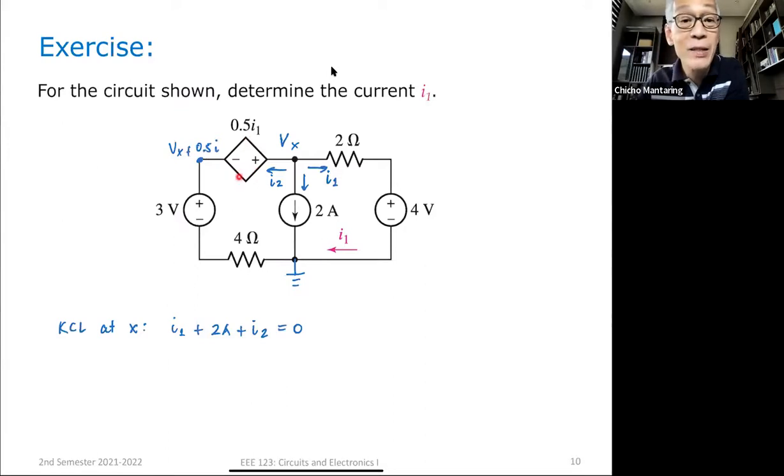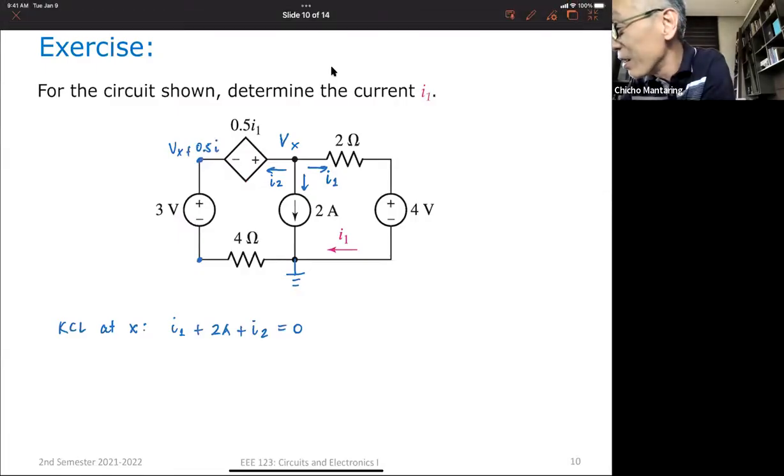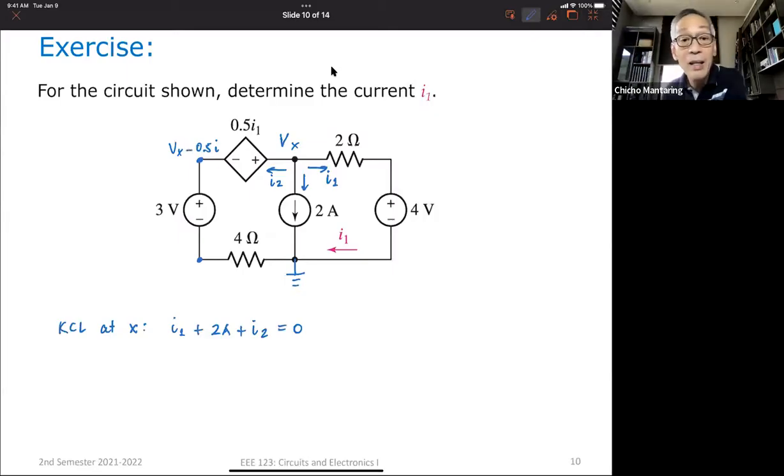Because this is a voltage. Now, if this is Vx plus 0.5i, what is this voltage down here? No, not plus, sorry. Minus. Nakuha nyo kung bakit minus?